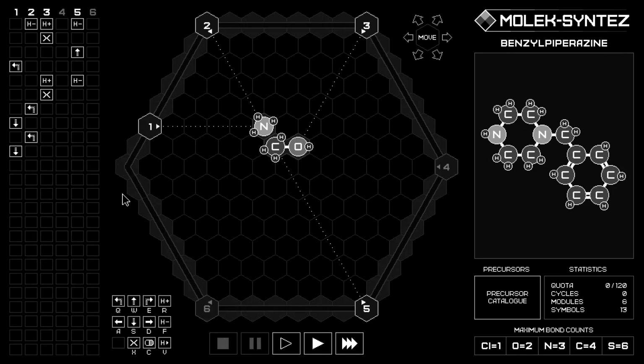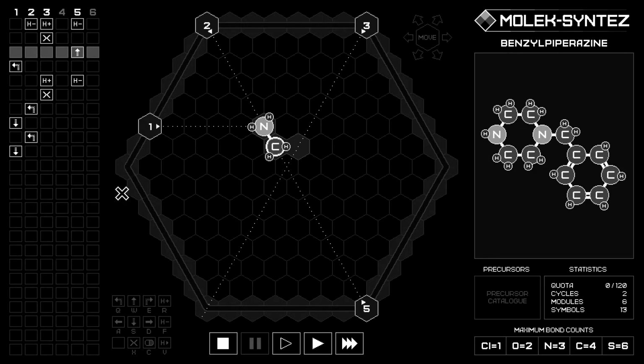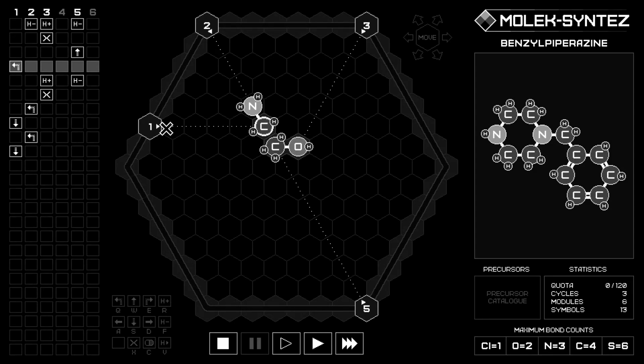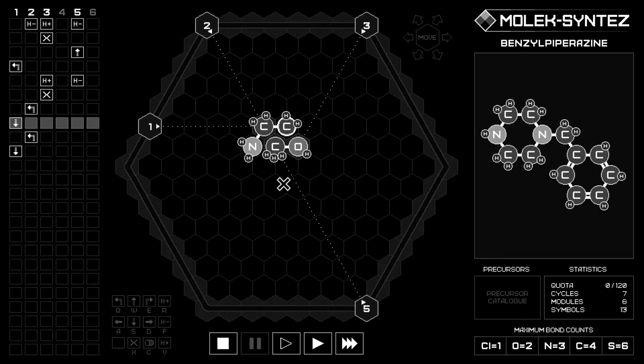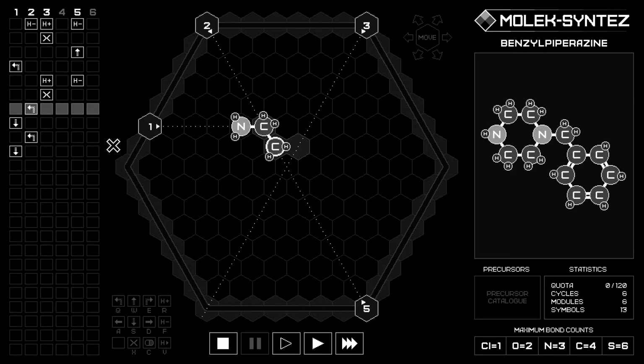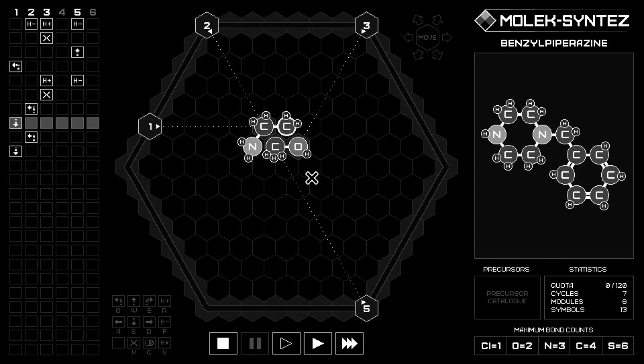Oh, the first nitrogen has too many hydrogens. But we kind of have to leave it that way for now so that this carbon doesn't overbond to it, get too excited, right? Even now, if we remove the nitrogen from here, no, that would be fine.